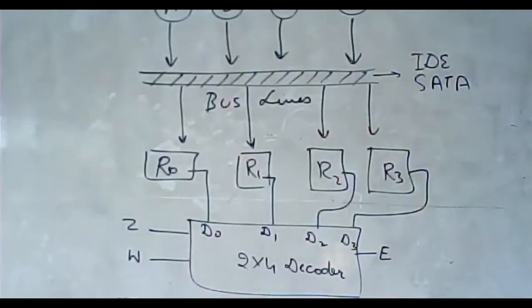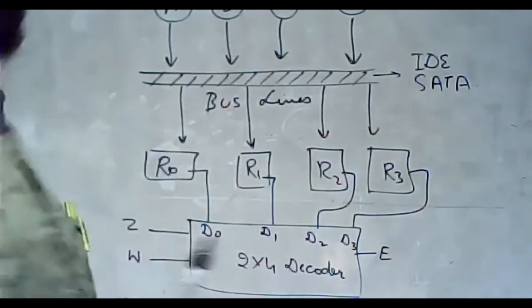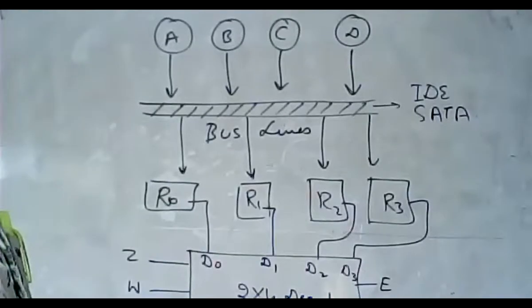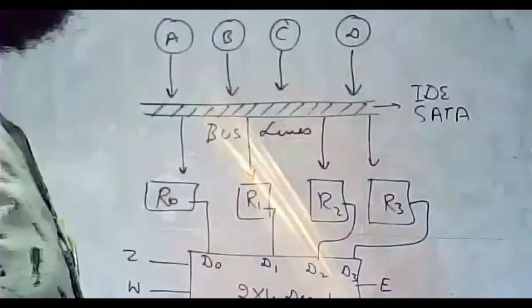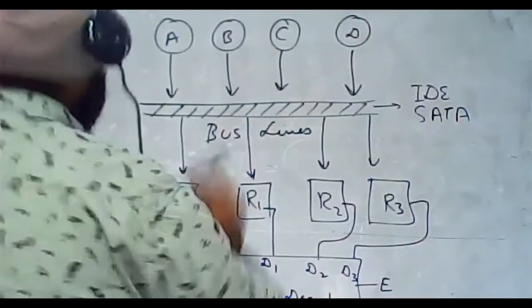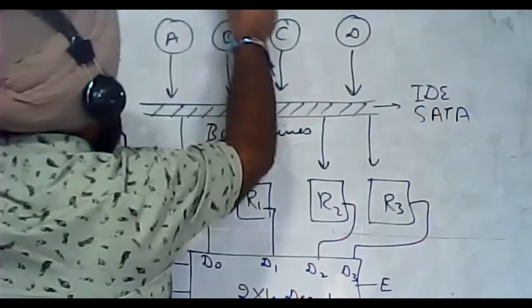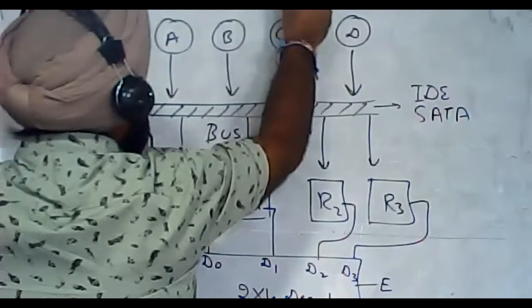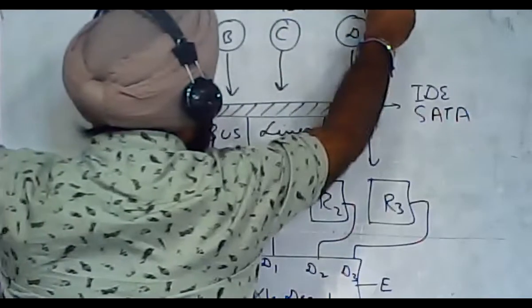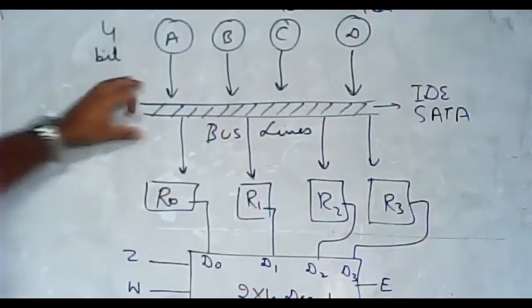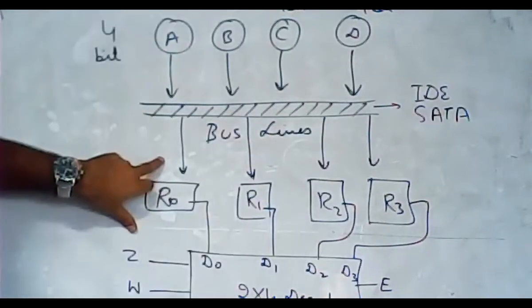Here you can see that we have four registers A, B, C, D. Suppose each register consists of 4 bits. So this is your bus, which is used to transfer the data from one register to another register.